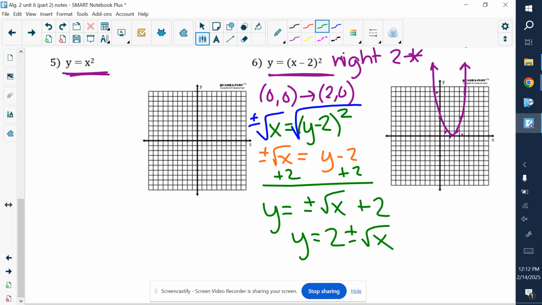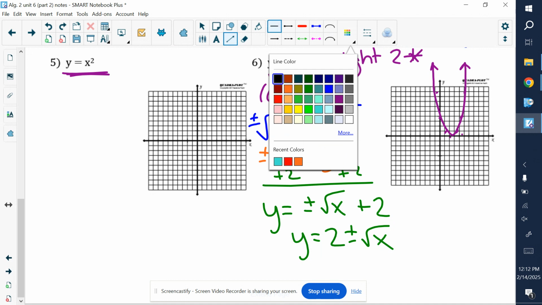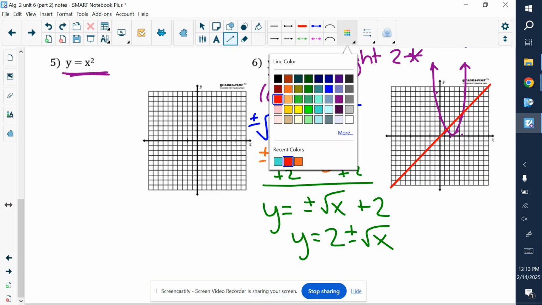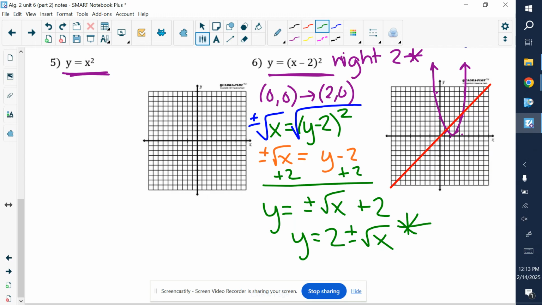Well, we don't really know how to graph the square root x function, so let's just think about our original parabola. I want it to reflect over the line y equals x. So if I draw that line in, it reflects over that. So in my other color, I'm going to use green for this one. What originally was my starting point, 2, 0, I'm now going to start at 0, 2.